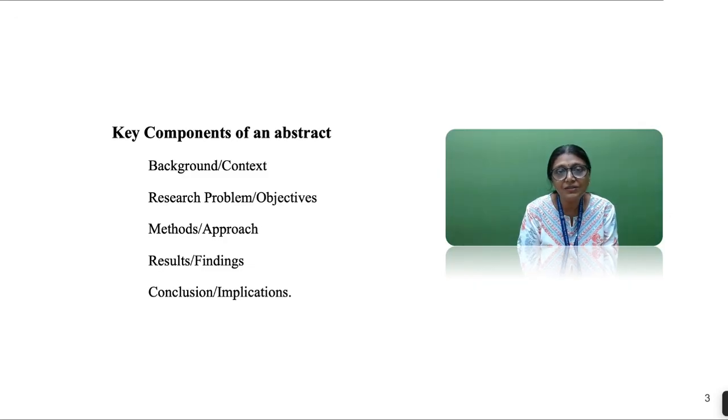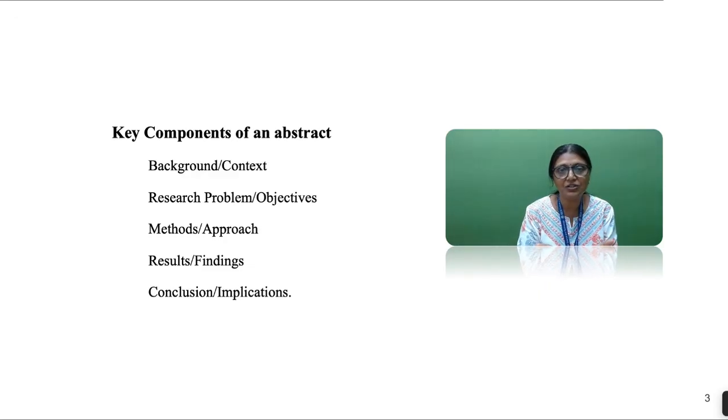And then comes the method that the researcher has adopted to achieve the objectives that person has set. So the methods become the third component of the abstract. That is how the researcher has explored this problem and how the researcher has achieved the objectives he or she has set earlier. With the experiment conducted using the methods explained, you get the results.